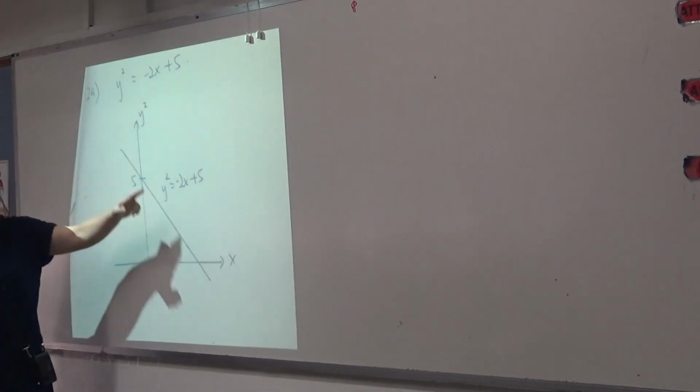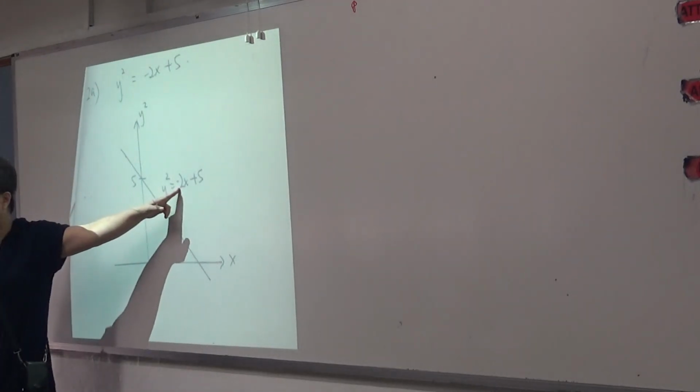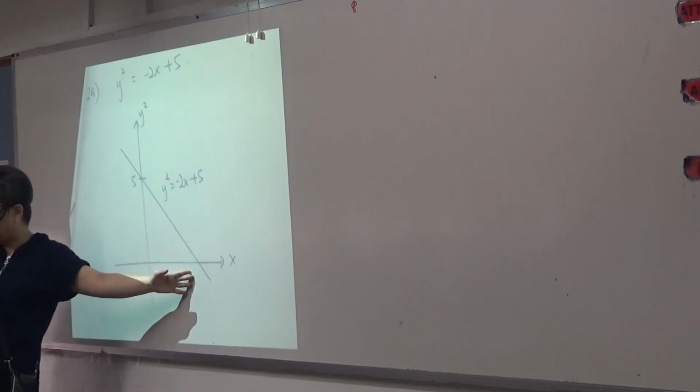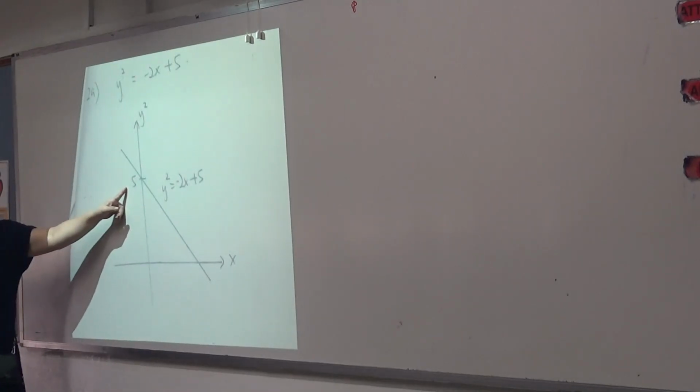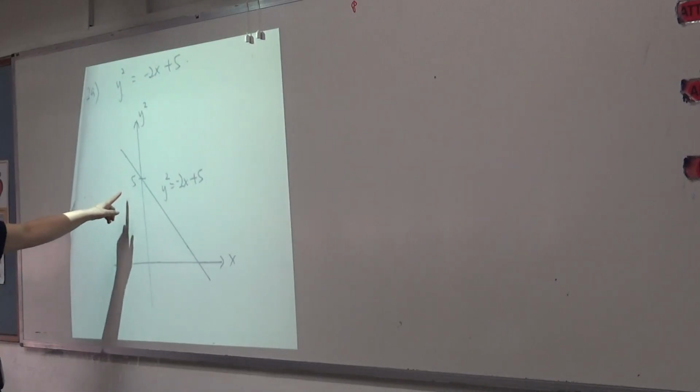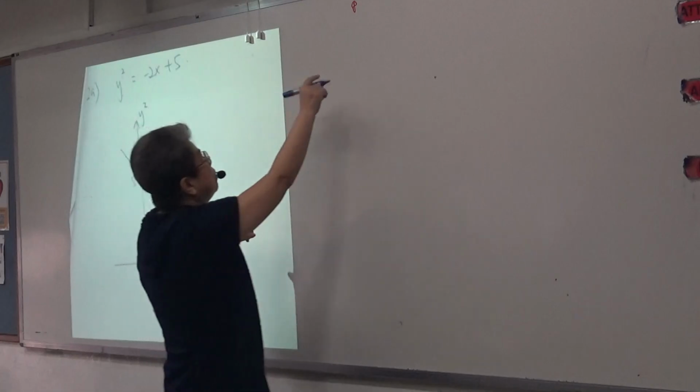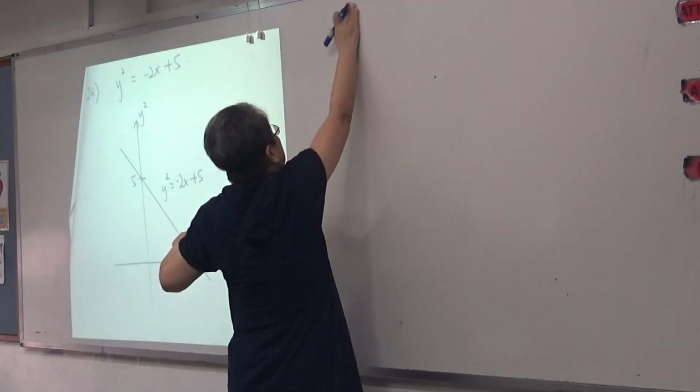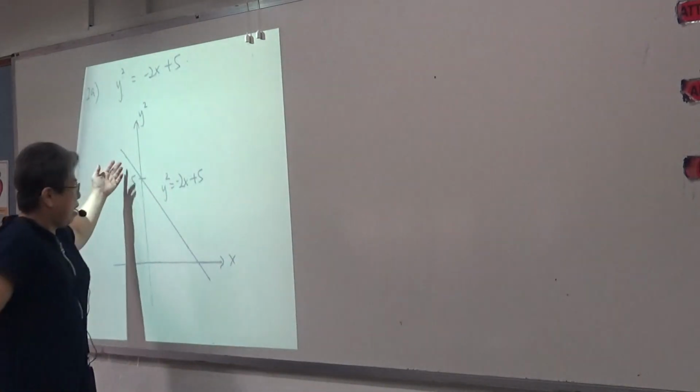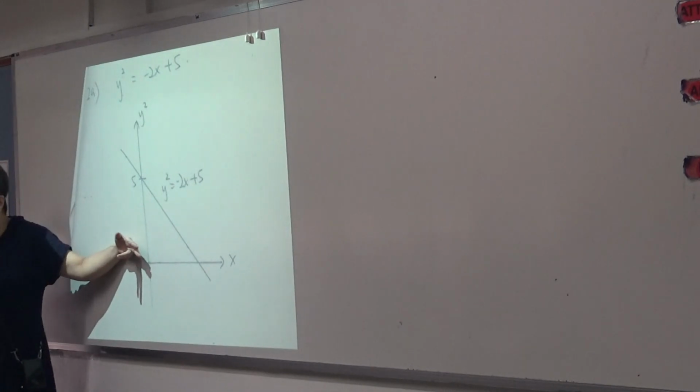I sketch y squared against x. This is a negative gradient, right? So it will slant this way and it will cut at 5. Correct? Okay, now this topic here is just to convert everything to a straight line graph. That's all. Everybody okay?